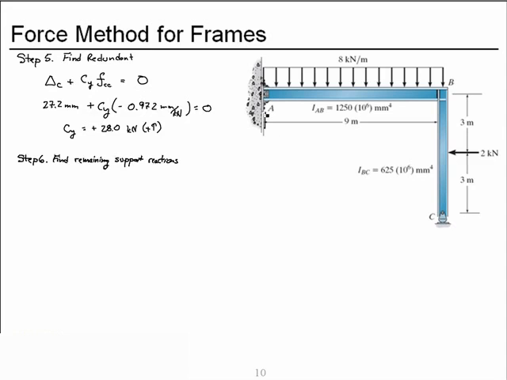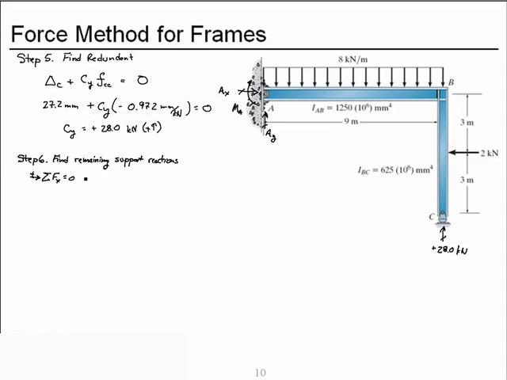We have an unknown vertical reaction AY, unknown horizontal reaction AX, unknown moment reaction MA, and Cy we now know to be a vertical reaction of 28 kilonewtons. Let's apply horizontal equilibrium first.